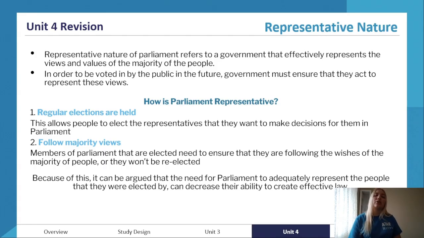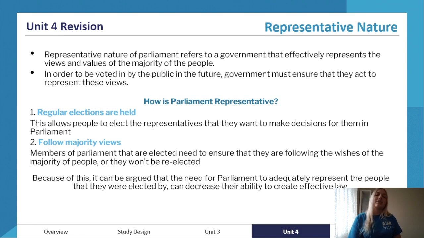The fact that we have regular elections, meaning we can elect a different composition of parliament next time if we are unsatisfied with what they were doing in the period of the previous election, and they follow majority views. Generally, they want to please the majority of people because this is the majority of the votes, or they won't be re-elected.